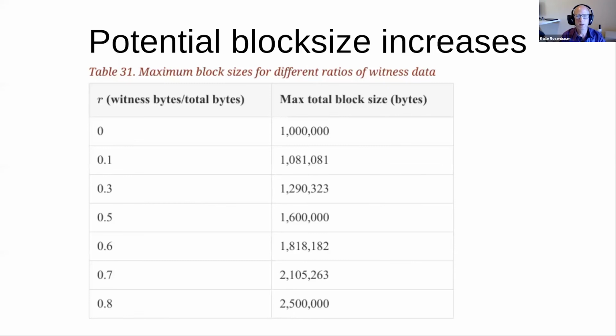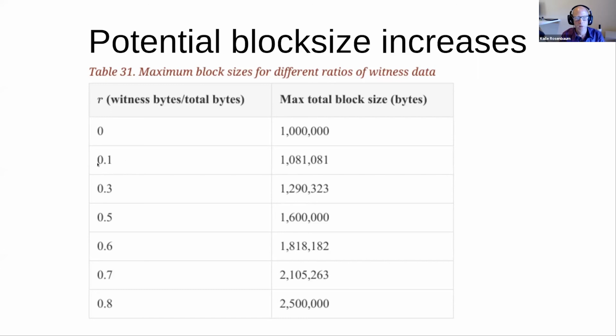So if we look at different blocks here and have a look at the ratio between the number of witness bytes divided by the total bytes of the block. If we have 0 witness bytes in the block, the maximum effective total block size will be 1 million bytes. And that's compatible with how it was before.